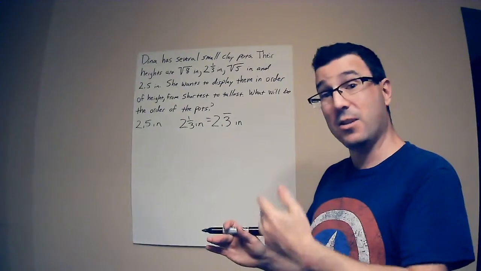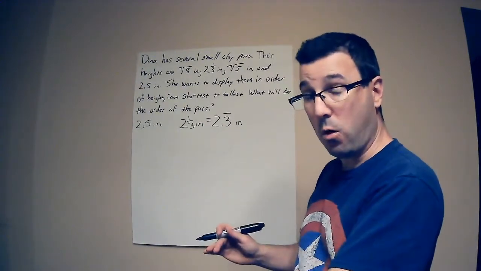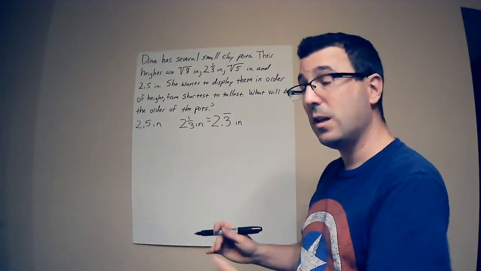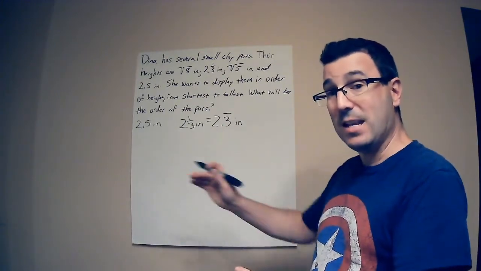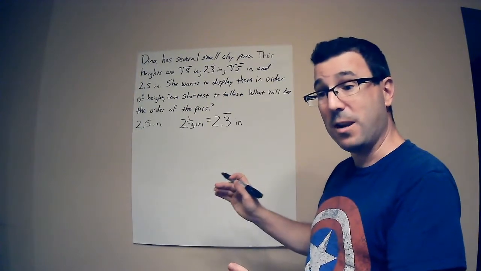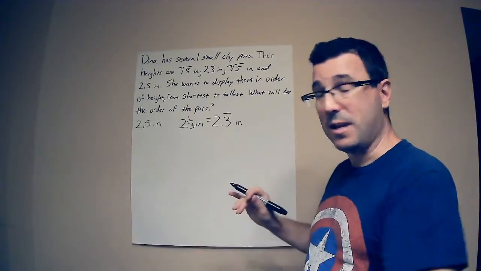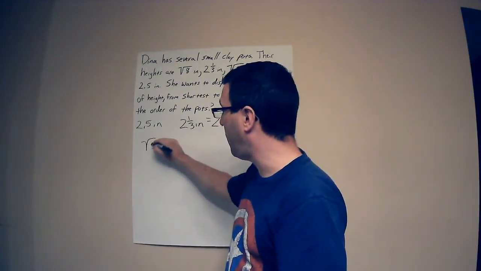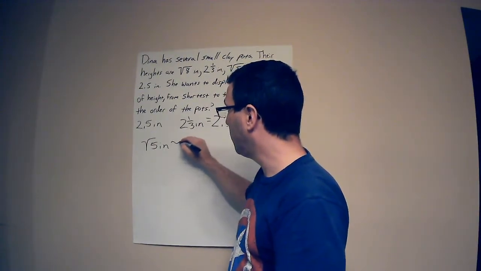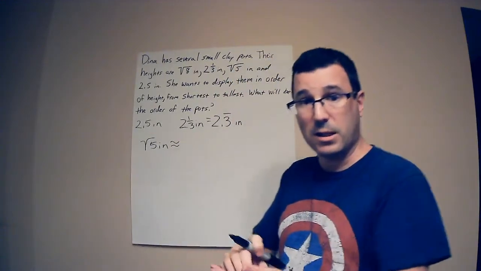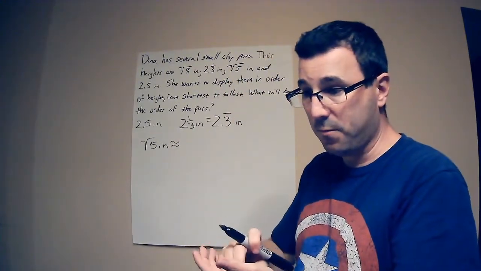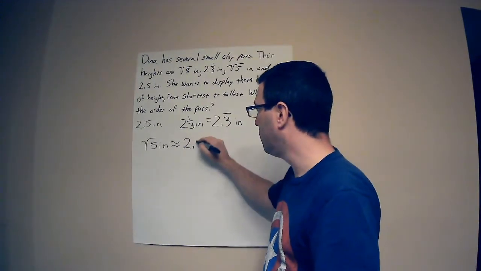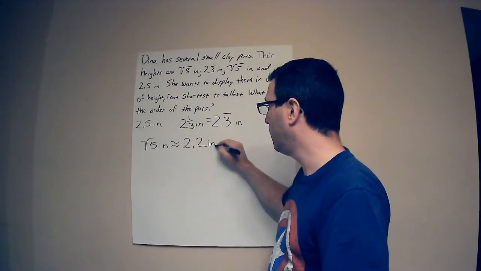What does help me is that square root of 5 is going to be closer to 4. So it's going to be closer to the square root of 4, which is 2. And square root of 8 is closer to the square root of 9, which is 3. So they're going to be on opposite ends. So when I take the square root of 5 and I type it in the calculator, I get that it's about 2.2 inches.